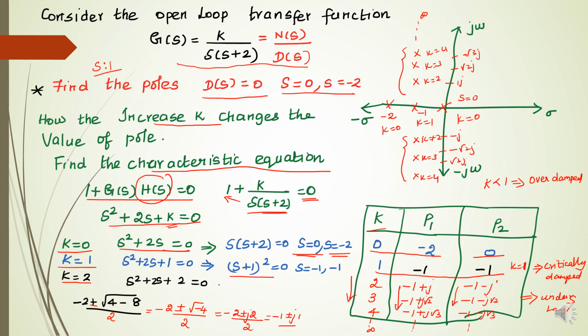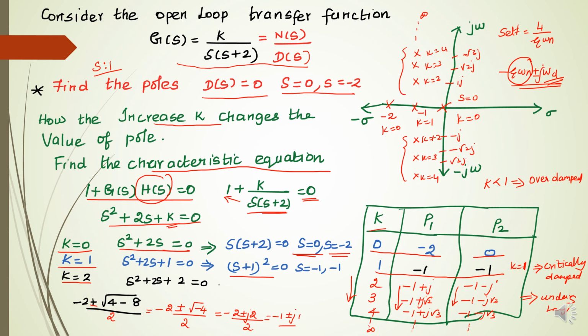How to write this underdamped portion? -ζωn ± jωd. What is settling time? Settling time is 4 / (ζωn). Okay, there is no change in ζωn, but the jωd portion only changes.